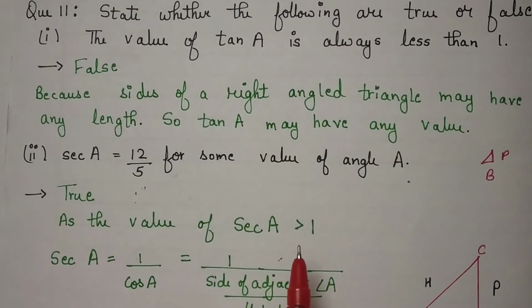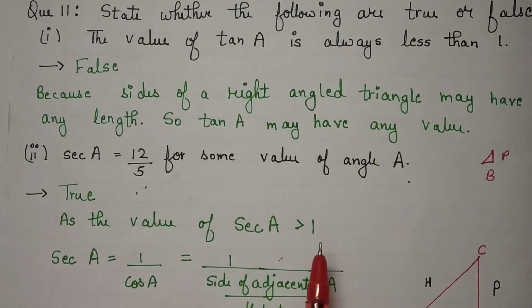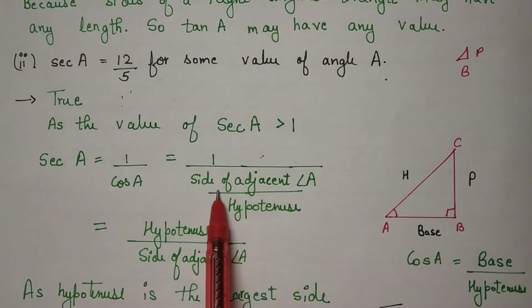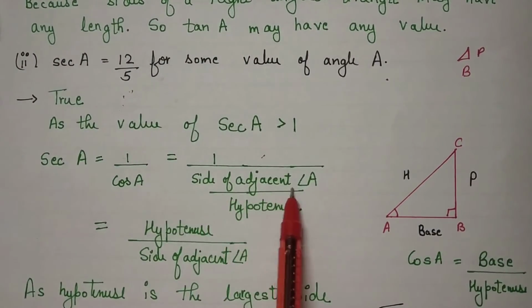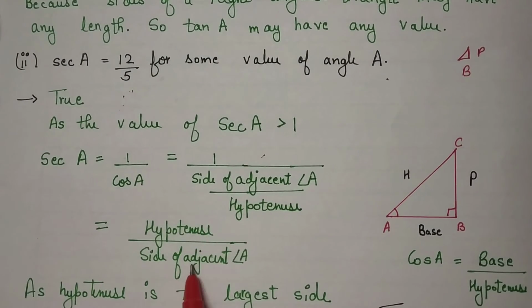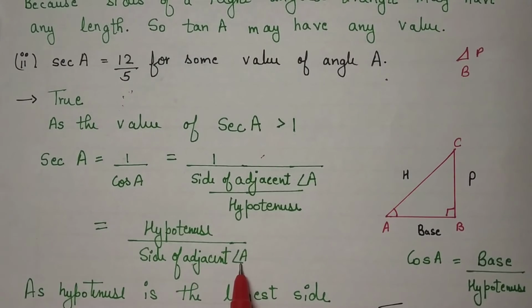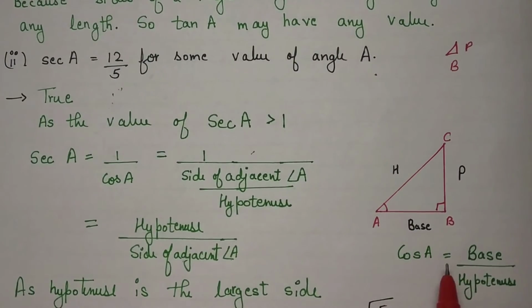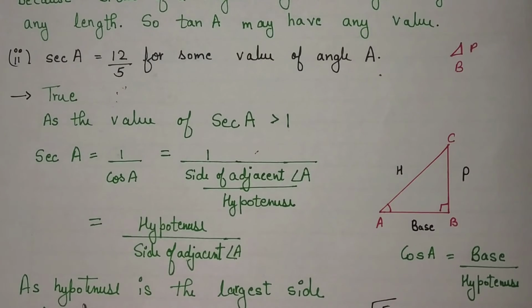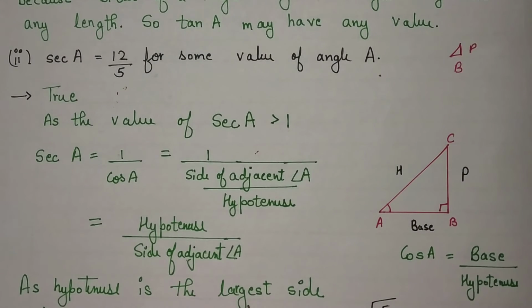Now I will show how secant A is always greater than 1. Secant A is 1 by cos A, and cos is side adjacent to angle A by hypotenuse, so secant is hypotenuse by side adjacent to angle A, or you can say hypotenuse by base. Hypotenuse is always the largest side in a right angle triangle.